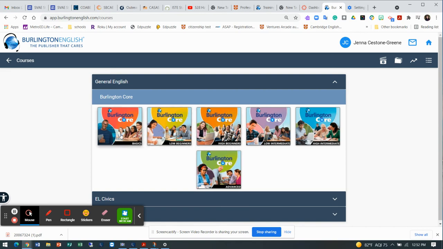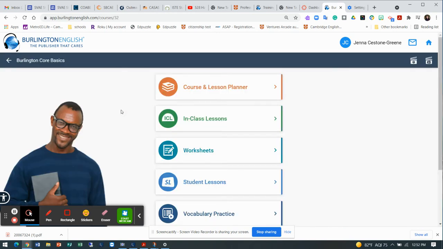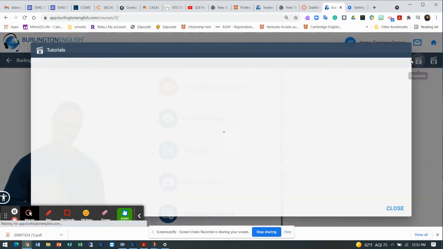So if I'm only teaching basics and low beginners, I can take the rest of these tiles off and tailor that. So there's tutorials at the top if I'm interested in that. There's a list view. So if you are in list view and you want to tailor your courses, you can change this. Or you can also send Misty a request to tailor your courses.